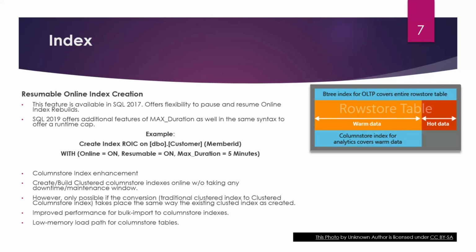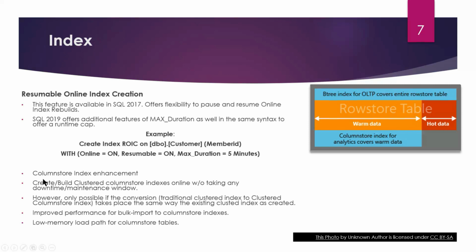So how does the syntax look? MAX_DURATION equals 5 minutes. So this is the new addition basically. It can limit how long we would like to run the index, because typically in a transactional environment, running an index for a very long period can be a trouble. So this way you can control how long the index is allowed to run on the platform.